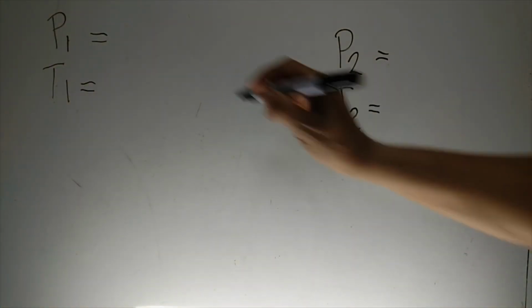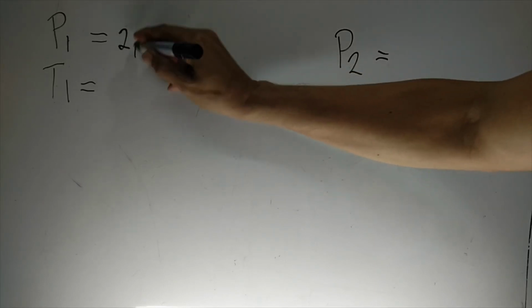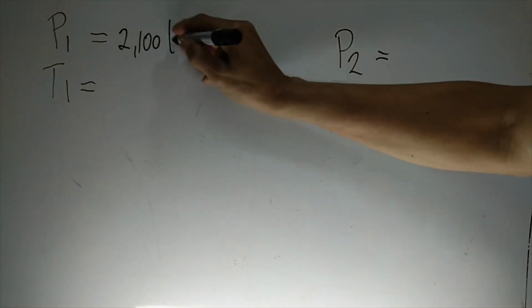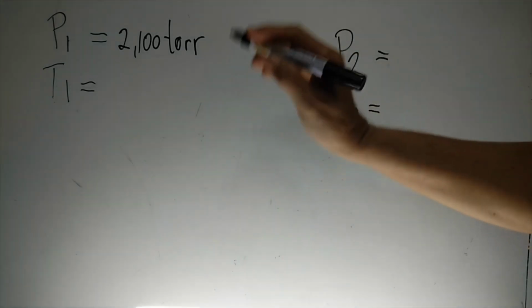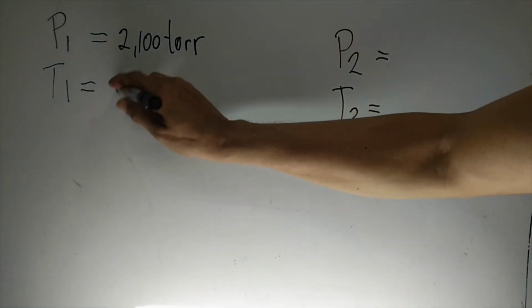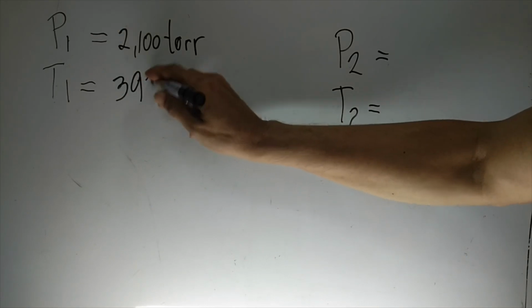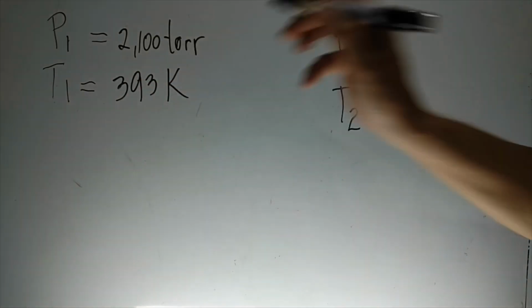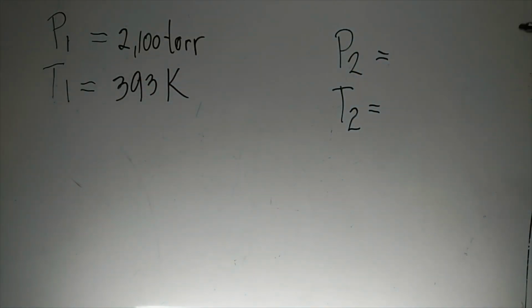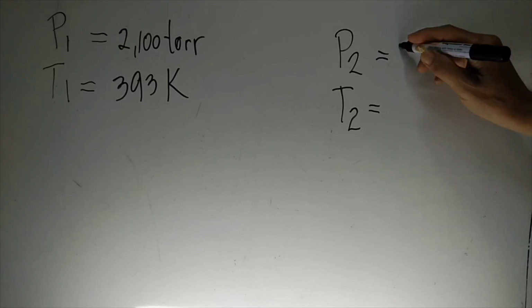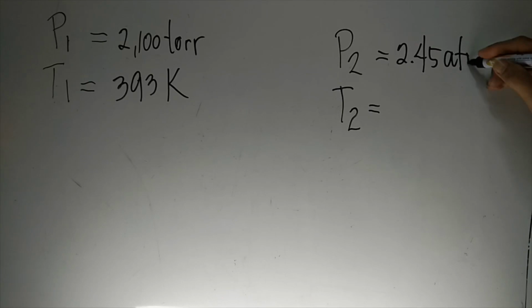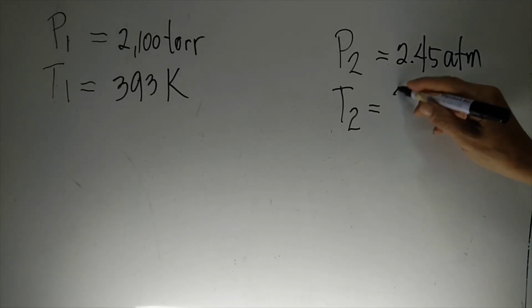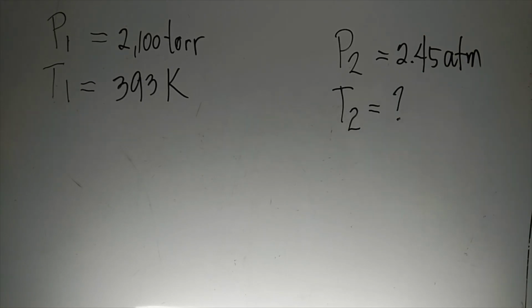So P1 is 2,100 torr and the temperature is 393 Kelvin. Pressure 2 is 2.45 atmosphere and T2 is unknown.